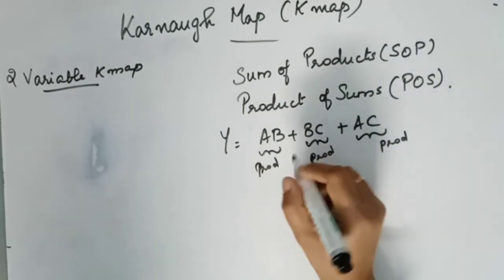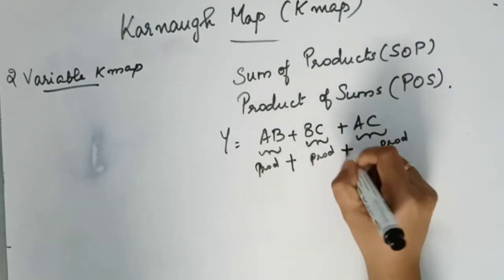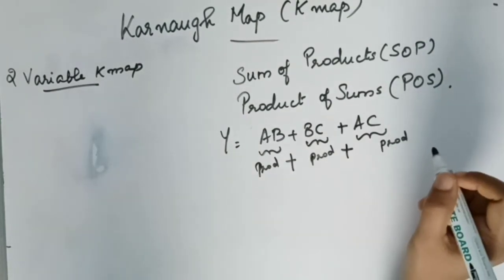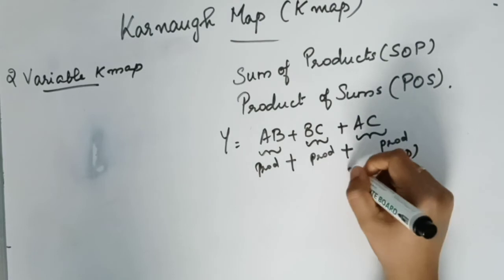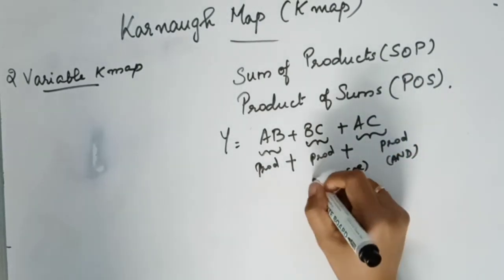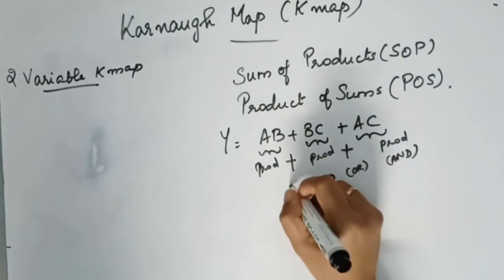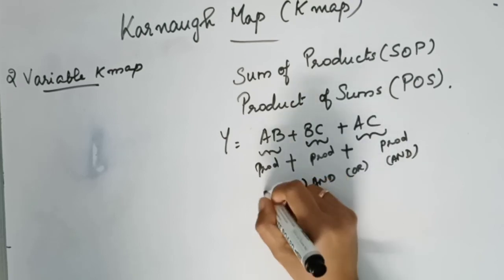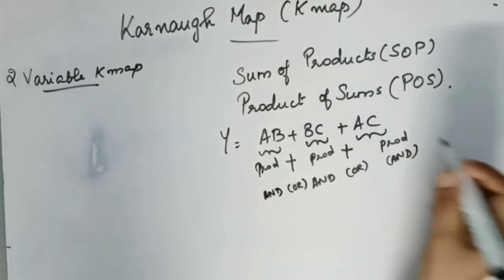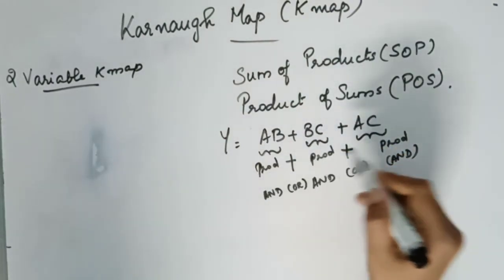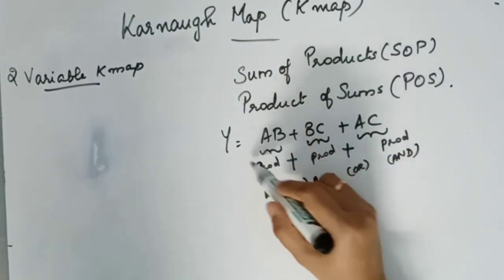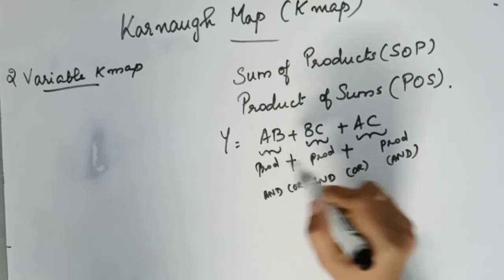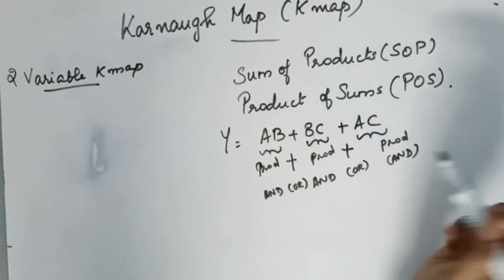And these products you are summing. Summing means OR. Any expression in this form, in the form of sum of products, is called an SOP.